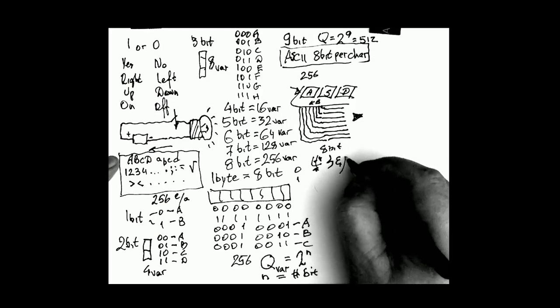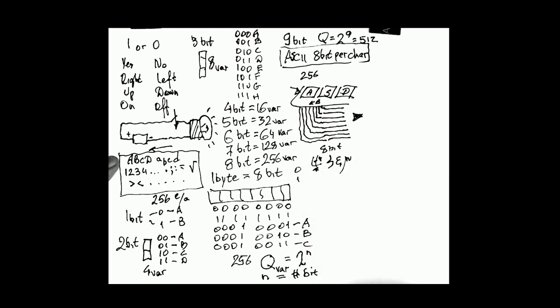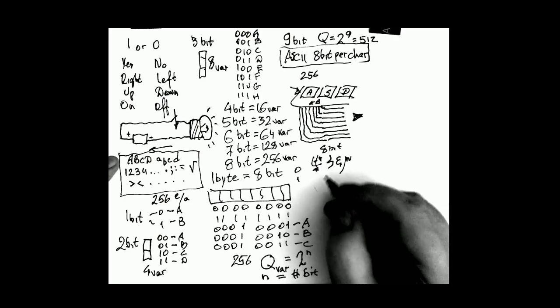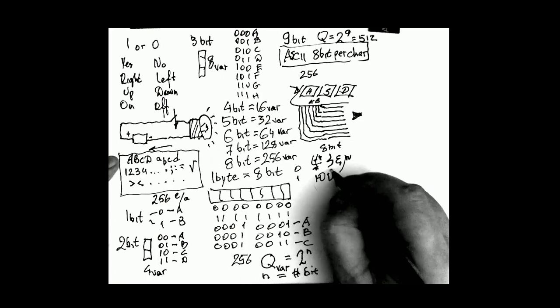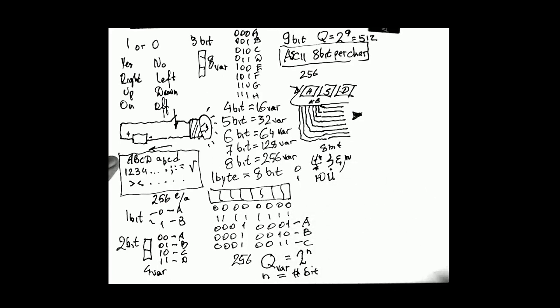We have Russian with Cyrillic symbols like this, and this is different. And it's a total of more than 56,000 symbols on planet Earth. What can we do if we need to transmit all of these symbols internationally?